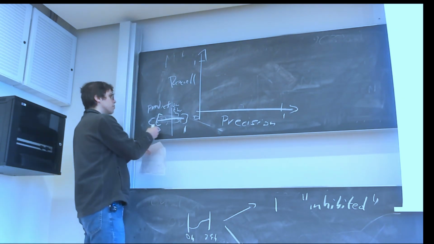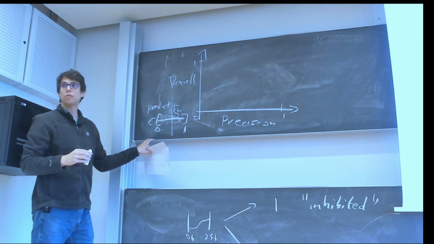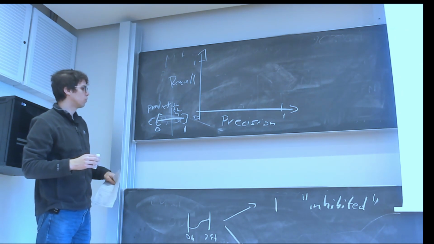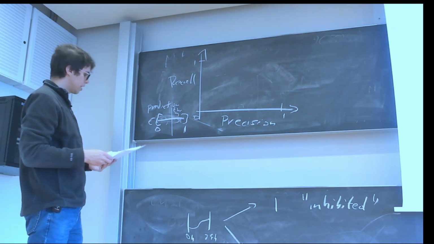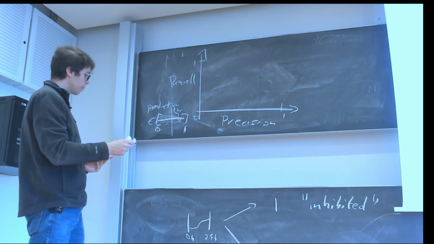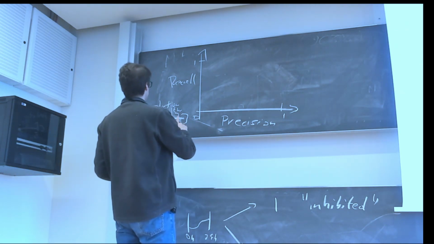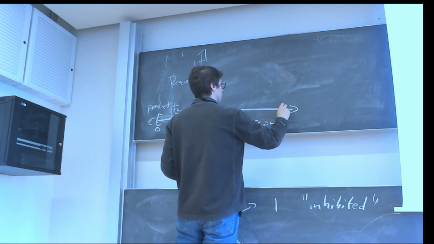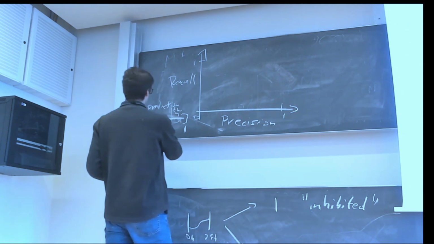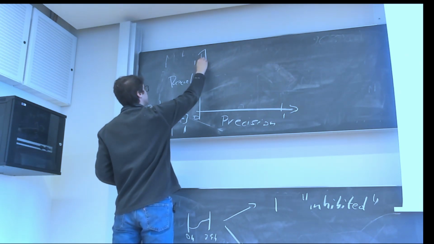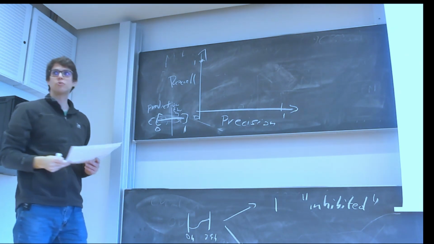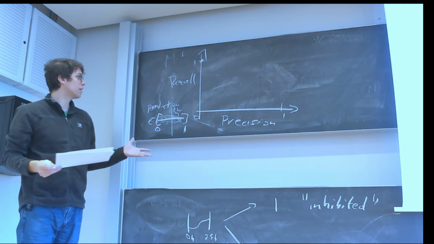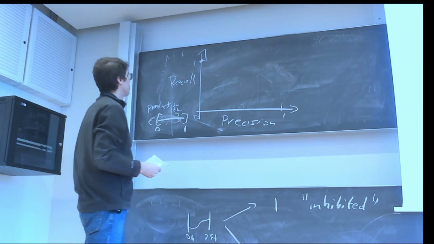And then we can play around with the threshold. We can put it all the way to 0, which is to say we're always going to say 1. We're always going to say we're inhibited. Then our recall will be very good. Whenever we're presented with something that's really inhibited, because we're always saying it's inhibited, because we have the threshold at 0, our recall will be perfect.